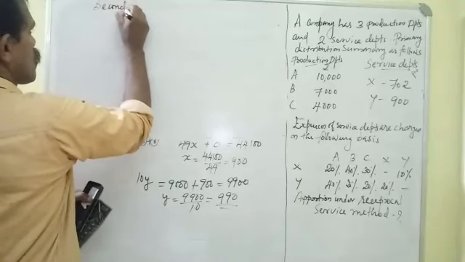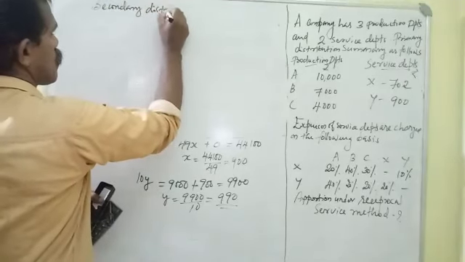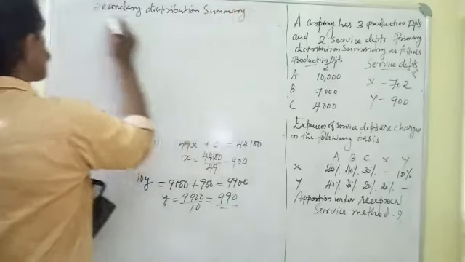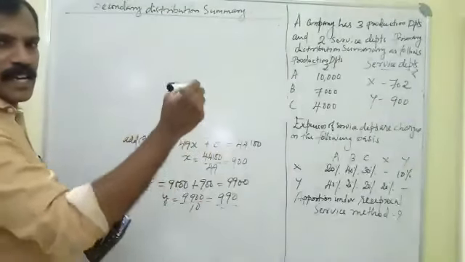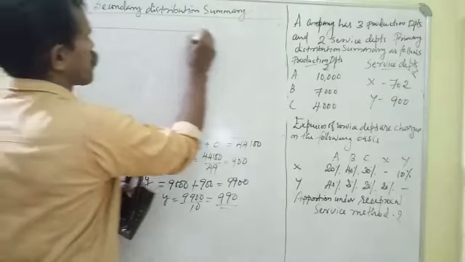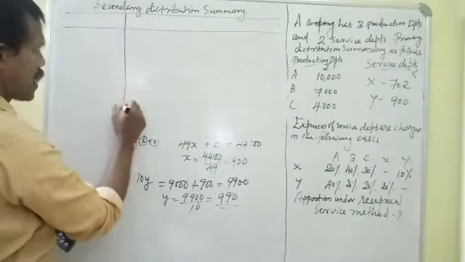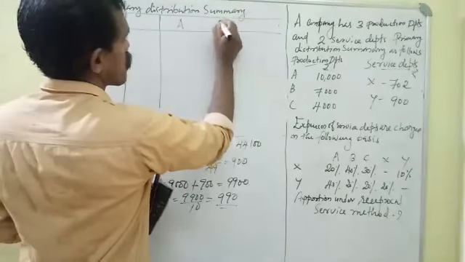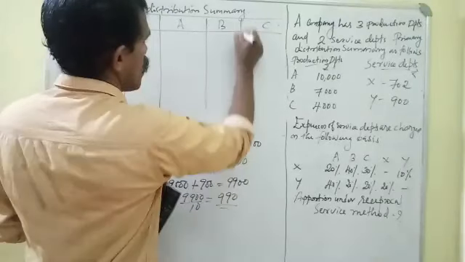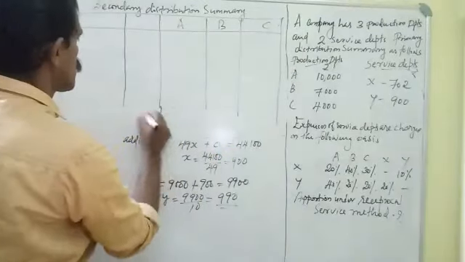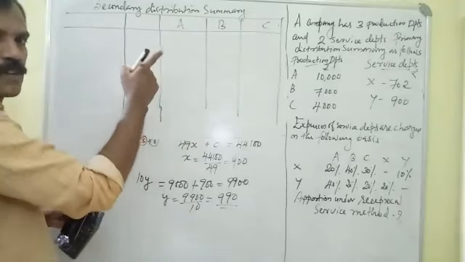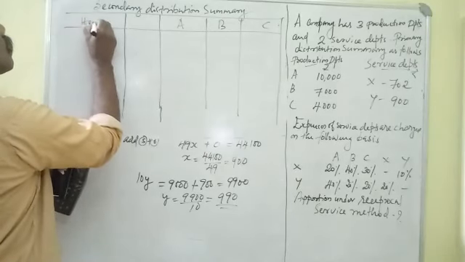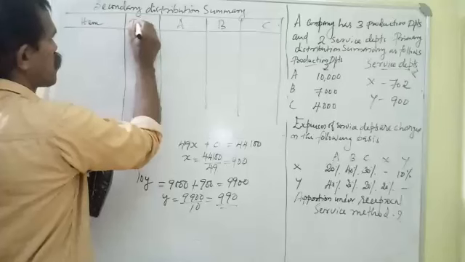In the secondary distribution summary, first column for item, then second column for total, and then we have three production departments, A, B and C. In the first column we write the item. In the second column we write the total amount.